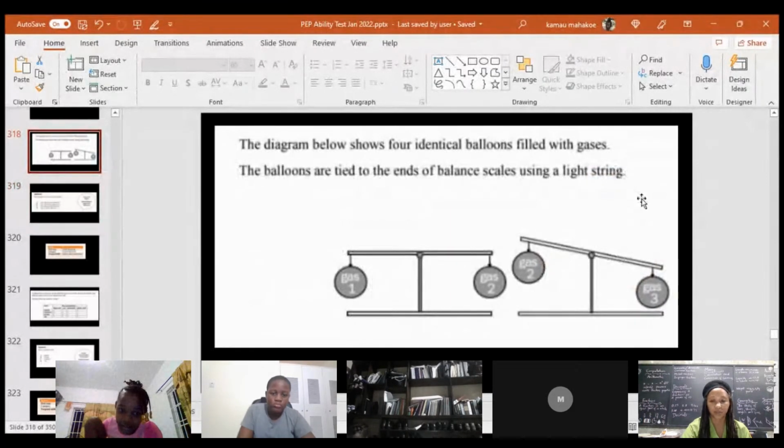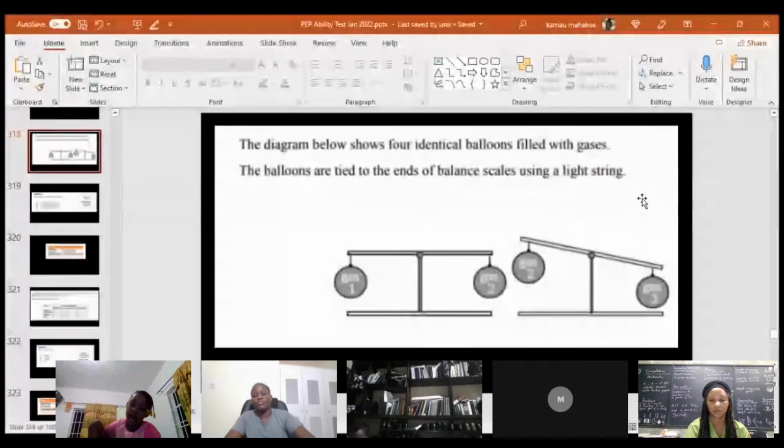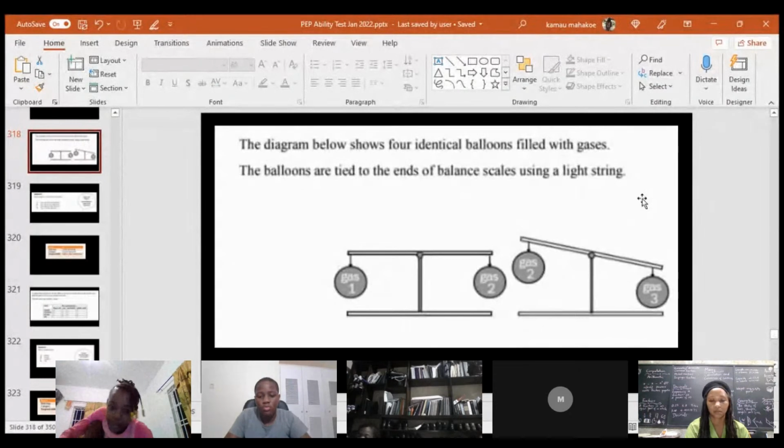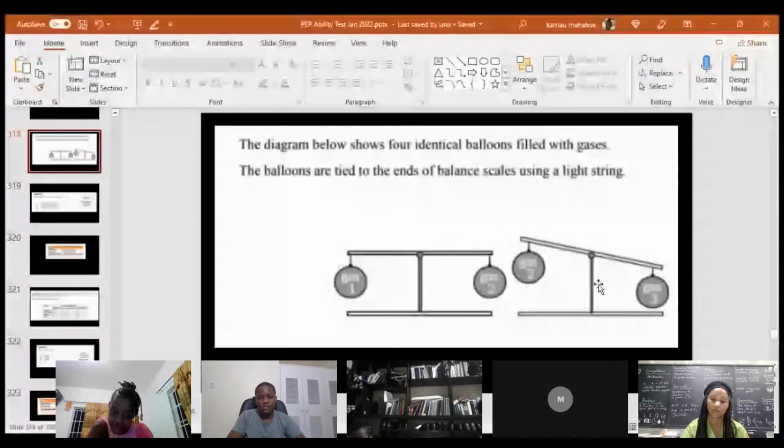What makes you think so? Miss, gas 1 and gas 2 are the same, but gas 3 is heavier than gas 2, and since gas 1 and gas 2 are the same weight, if 3 measures against gas 1 it's going to go down more since it's heavier.